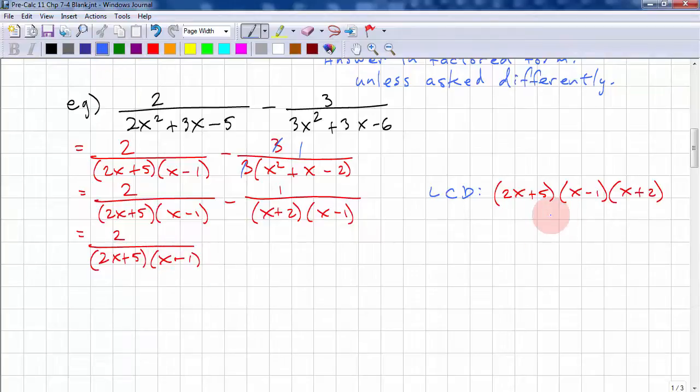And we need to multiply by the missing factor, and that's x plus 2. And minus, copy down the same thing again. And the missing factor is 2x plus 5.